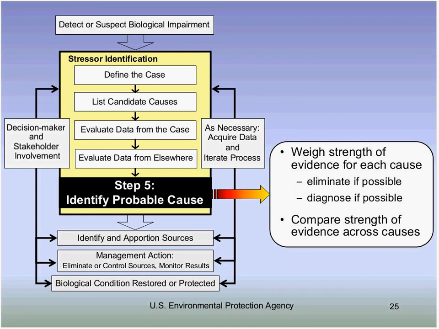All this comes together to provide what we call a weight of evidence. In some cases you can eliminate, in other cases you can diagnose. This is really done by comparing strength of evidence across different causes.